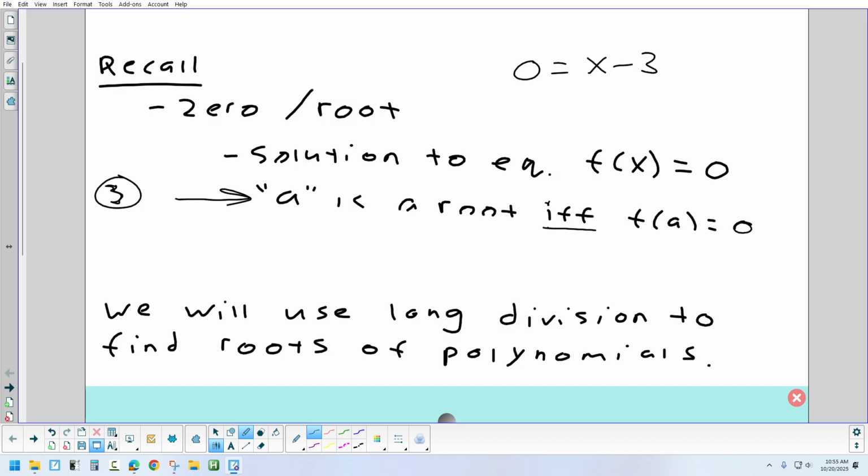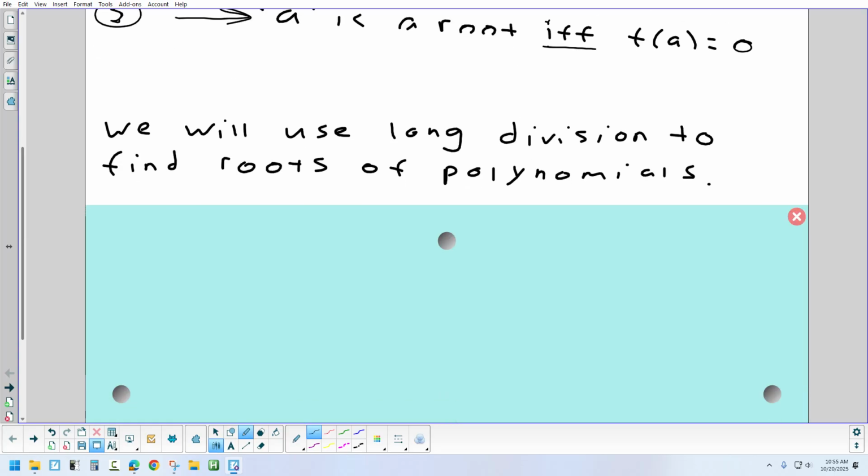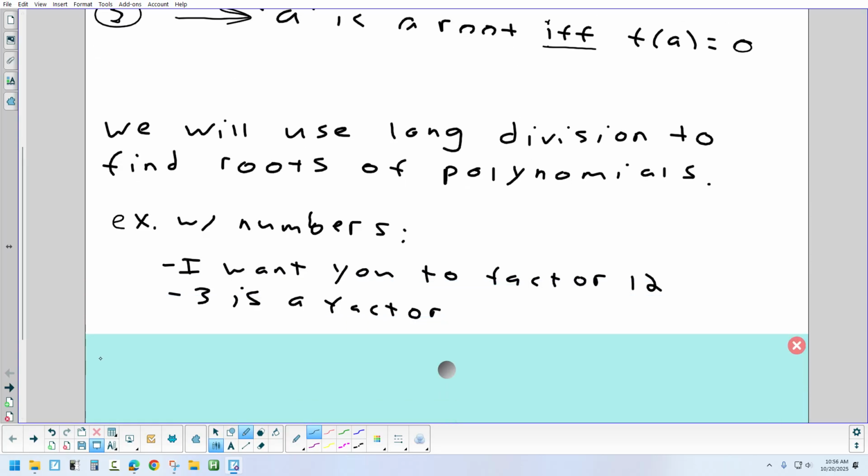So we're going to use long division to figure out roots of polynomials. Let me show you how you can do it with just regular numbers first, and we're going to do the same idea with polynomials in a minute. Okay. So let's say that I want you to factor something. I want you to factor the number 12. And I'm going to tell you one of the factors, 3. So I'm giving you a hint at one of the factors.